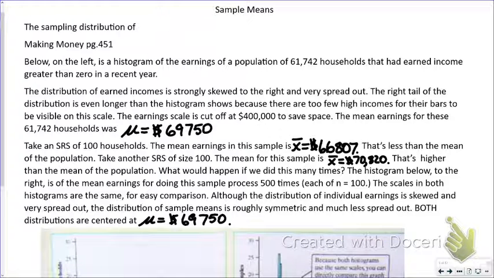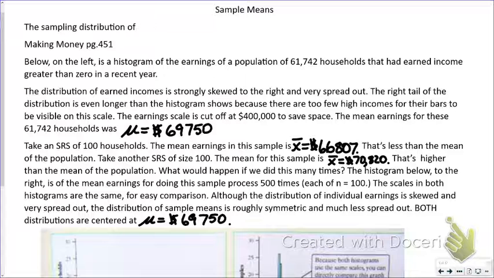In stats, we started sampling distributions for sample means on Monday, and I typed up this example from the book because I feel like it's an explanation of a numerical example where we have a sampling distribution. Last week we looked at sampling distributions for proportions, and this week we're looking at it for sample means.